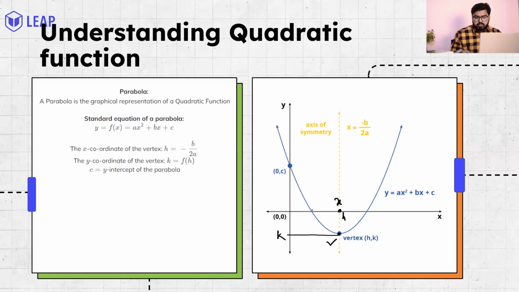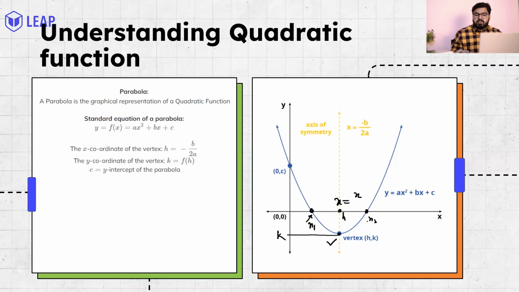The x coordinate of the vertex is the midpoint of the roots, isn't it? Because what is this? This x1 and x2, they are the roots, means they are the x-intercept. Looking at the parabola, isn't it very obvious that the parabola is symmetric about the vertex? So the x coordinate of the vertex is the midpoint of the roots. How do you find the midpoint?